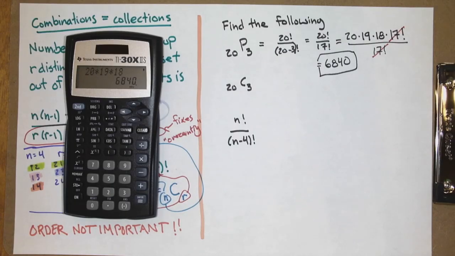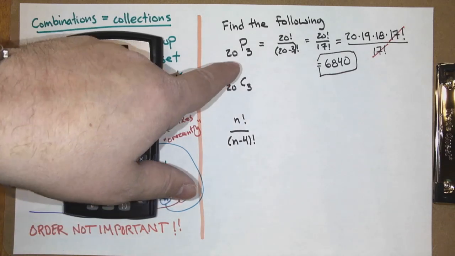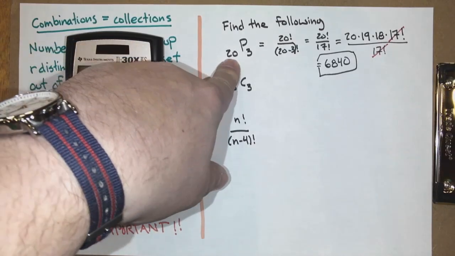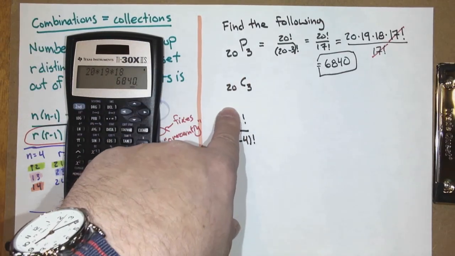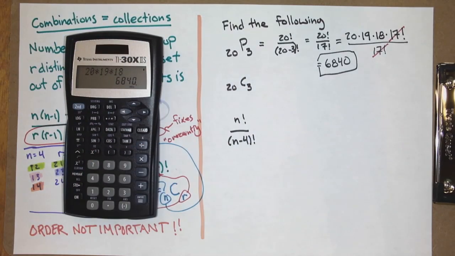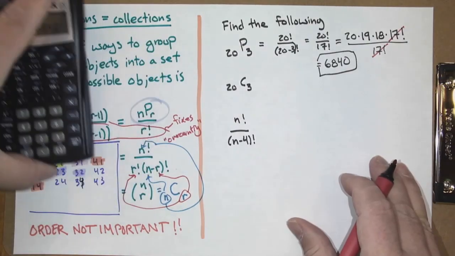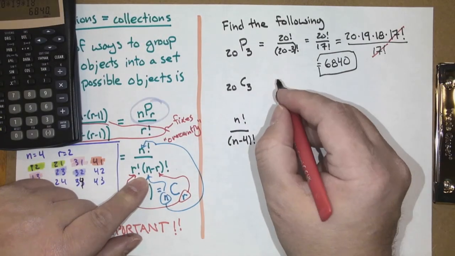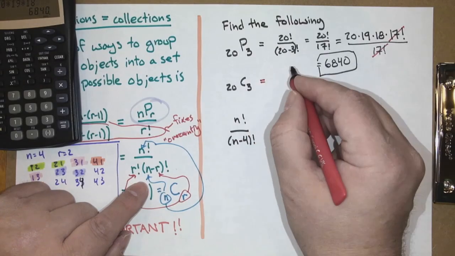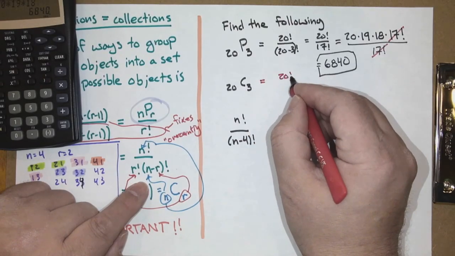Now what about 20C3, the combinations? Sometimes I'll read this out loud as 20 choose 3. I don't know if people read this out loud as 20 permute 3, but definitely people read this as 20 choose 3. So 20 objects, choose 3 of them. Well, we have the formula, and it looks very similar. So it's 20 factorial.